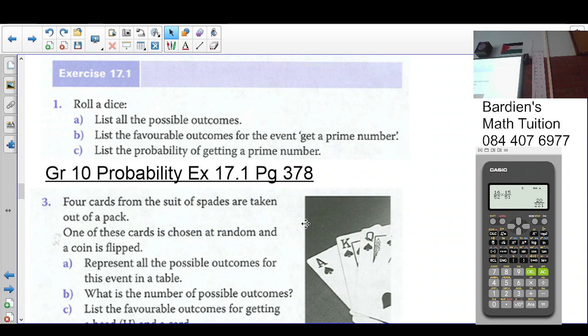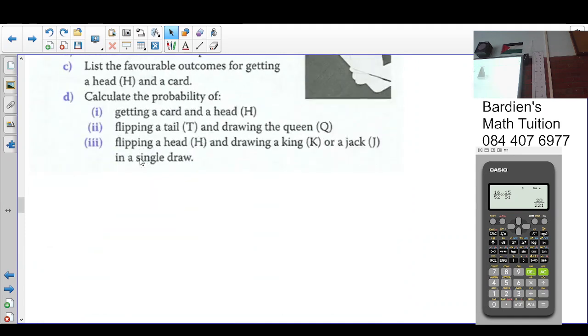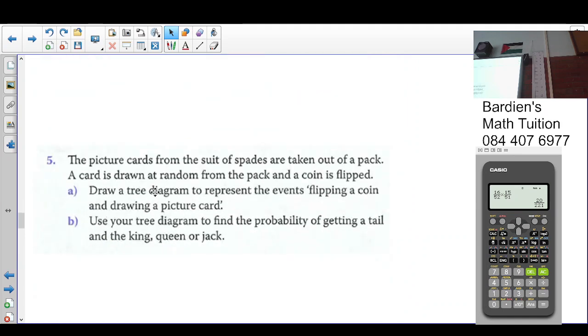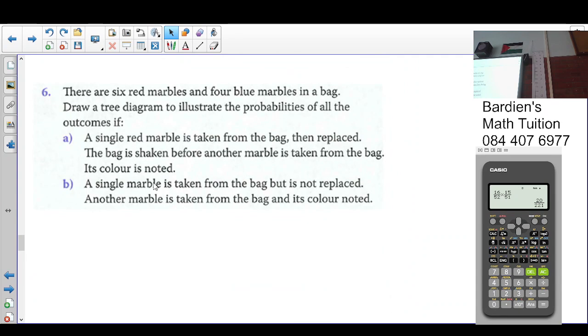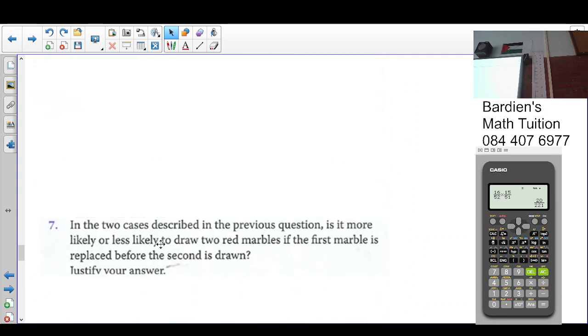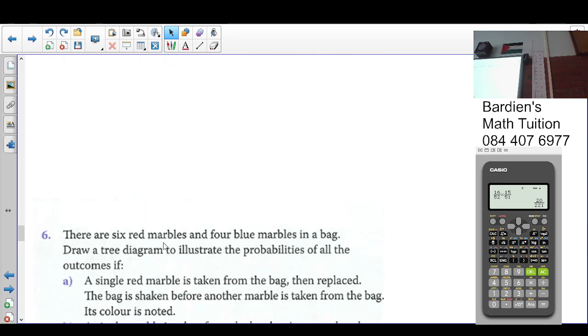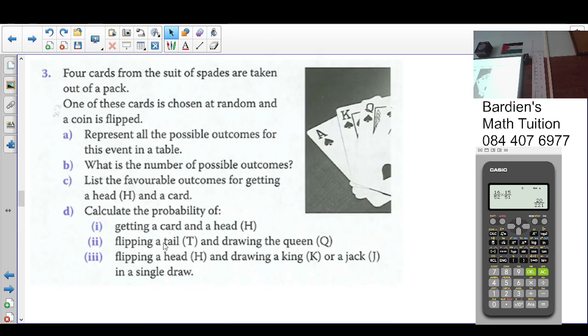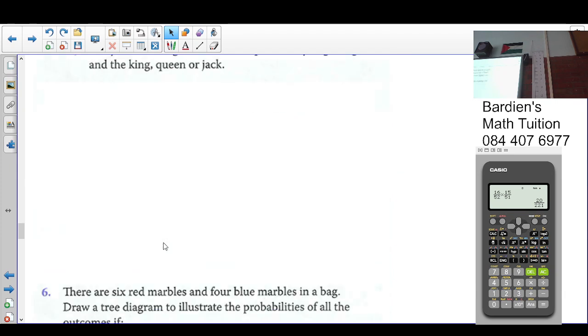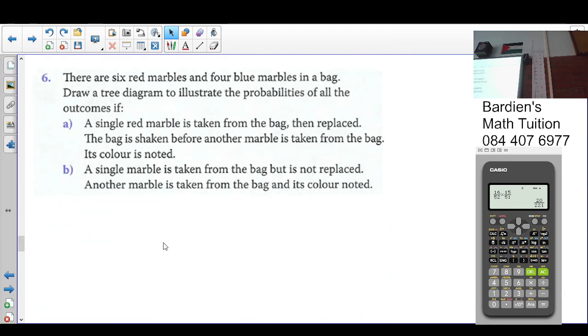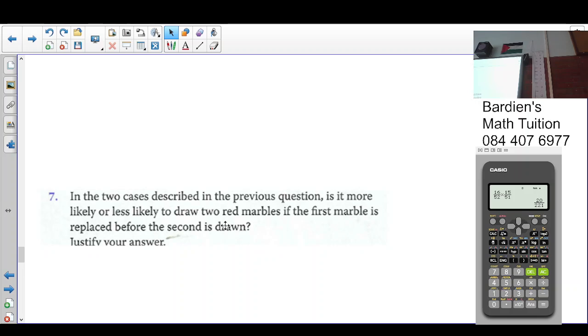You do for me number 1, number 3, 5, 6, and 7. The reason why I put 6 in is because 7 was dependent on 6.